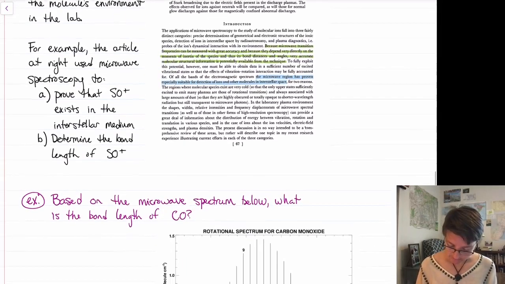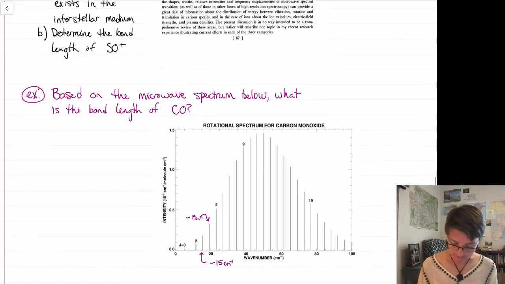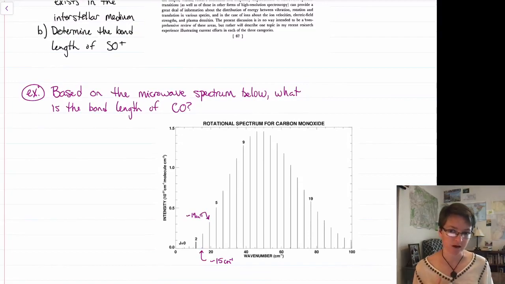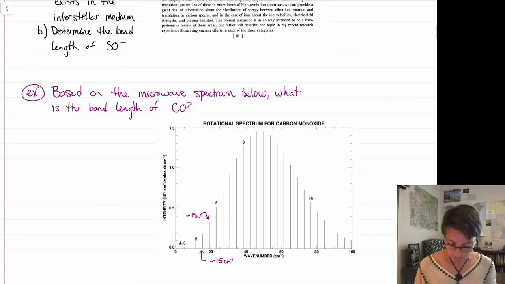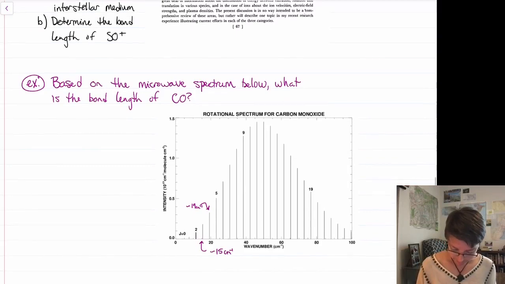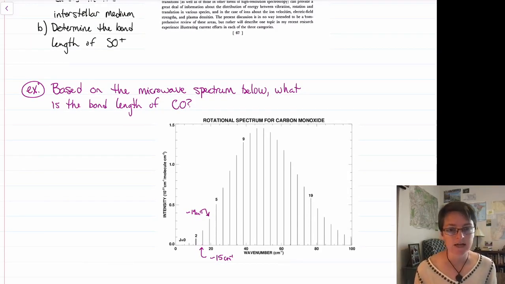And so let's do an example of that exact same process, except we'll use carbon monoxide as our example since that's what we've been consistently using throughout today's lecture. So our rotational spectrum for carbon monoxide is shown at right, and I've done a little bit of work to guesstimate where some of these peaks show up.